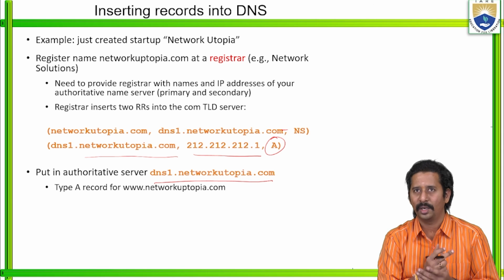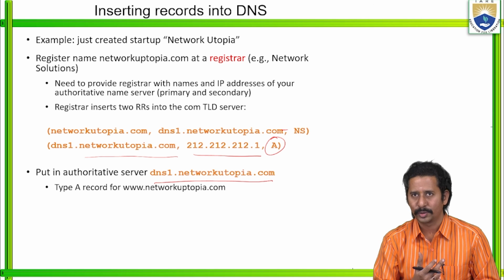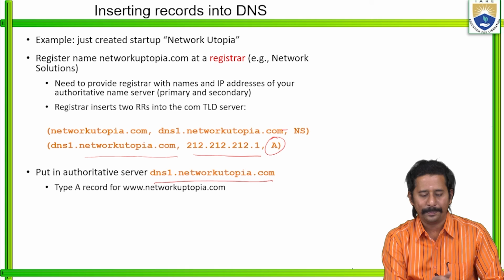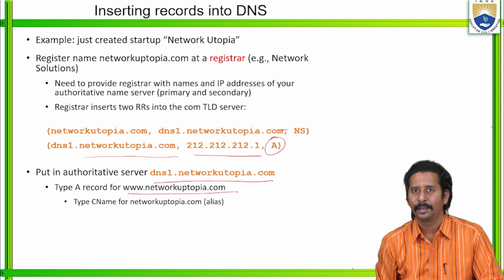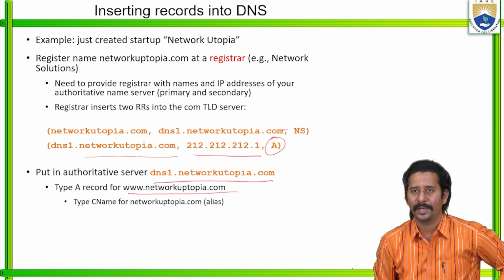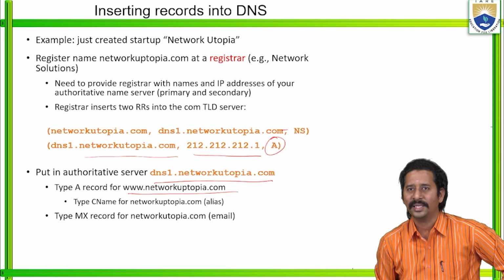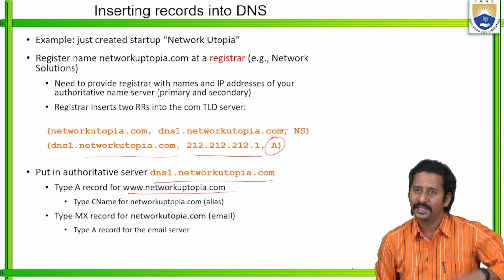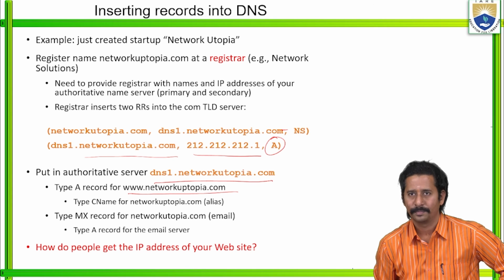We know the format of resource records: name, type, value. So type A record for www.networkutopia.com, then type CNAME for networkutopia.com, which is the alias name. Then an MX record for networkutopia.com, which is for email purposes, and within that, also a type A record for the email server.